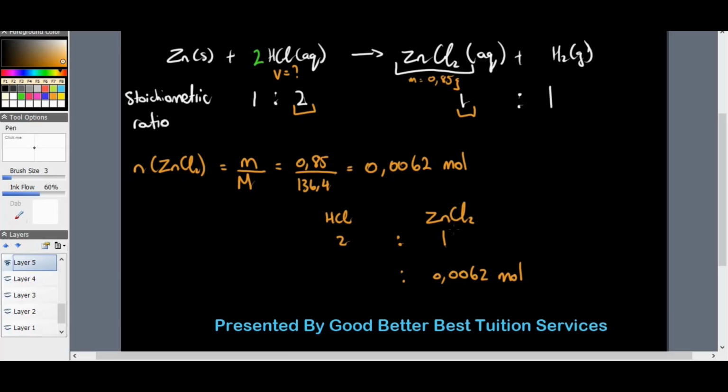So I take what I have of the 1, which is 0.0062, divided by 1 times by 2. And therefore, the number of moles of HCl, according to the mole ratio, will be 0.0124 mole. It's just that times 2. I didn't even have to divide it by 1.